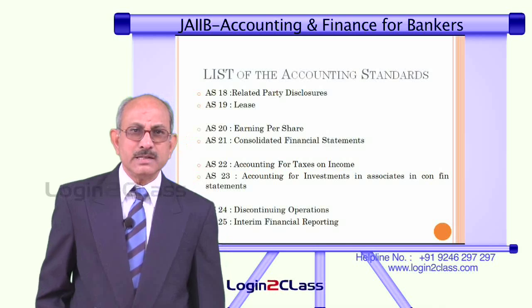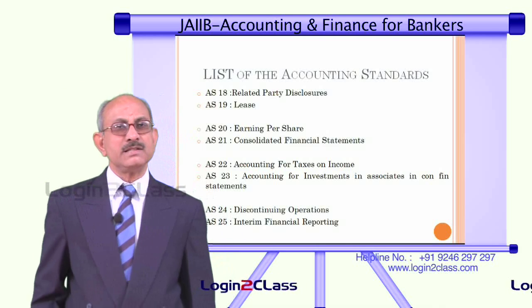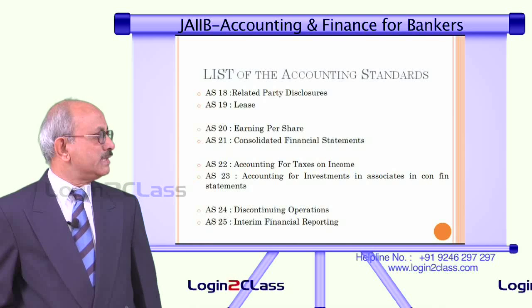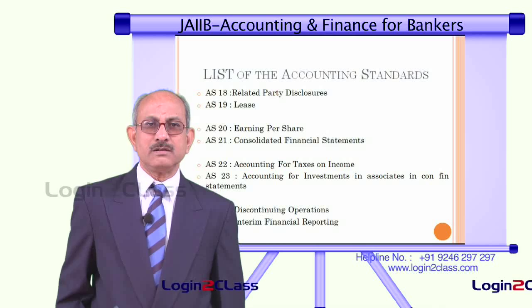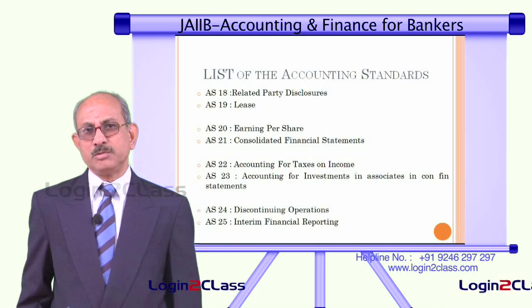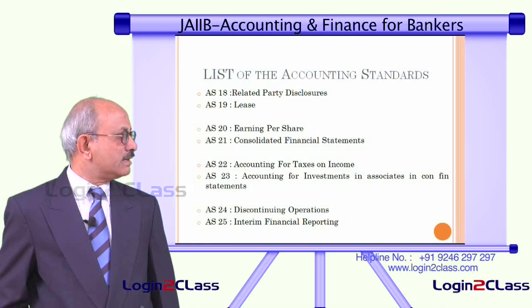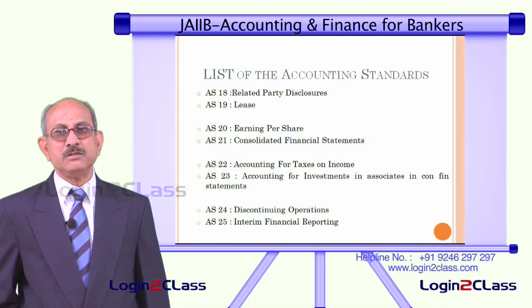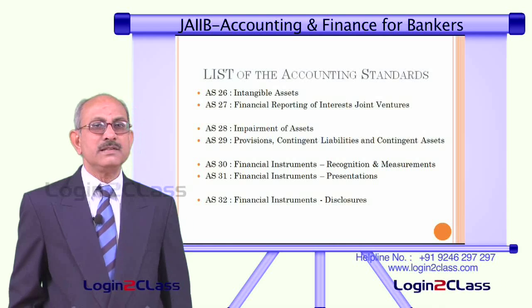Normally this happens in the case of those entities which are listed on the stock exchanges, to come out with interim financial reports. They are required to have every quarter's financial data published in the newspapers, and AS25 deals with how it is to be done, what is the information which needs to be given. AS26 deals with intangible assets.